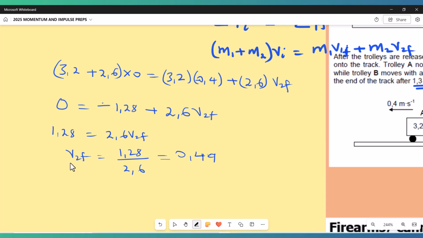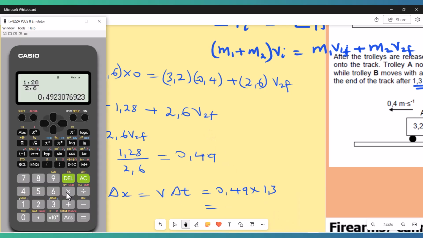Remember the question was asking for the distance. So the distance traveled by the other trolley equals speed times change in time. The speed is 0,49, the time was 1,3 seconds, so 0,49 times 1,3 gives us 0,64.